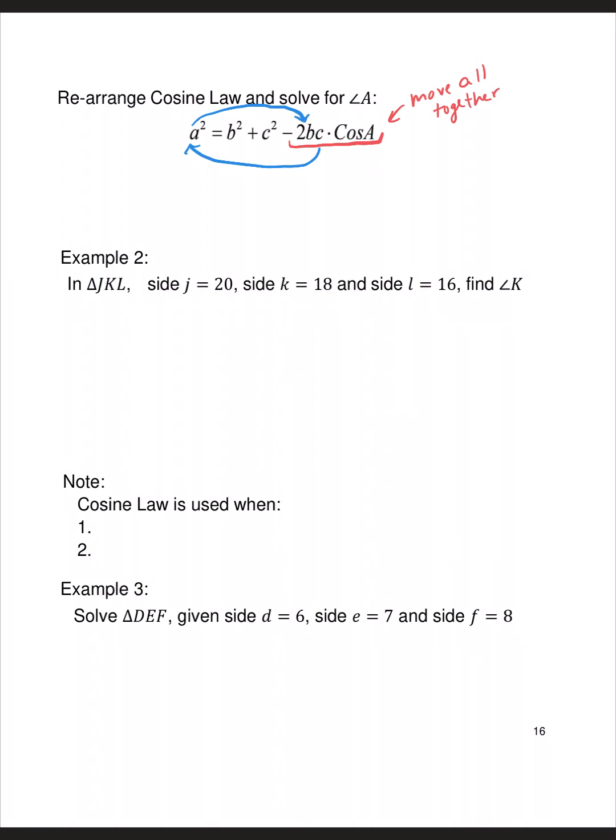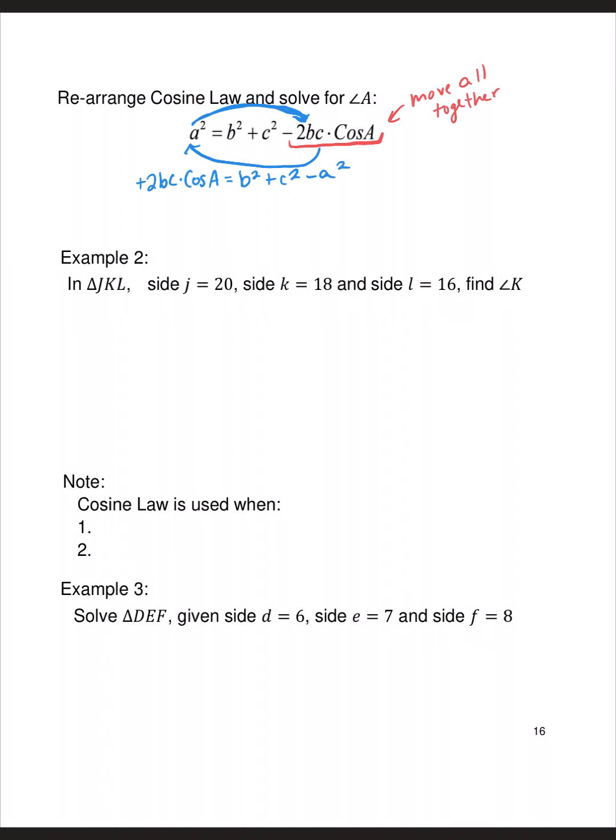Okay, so to move that 2bc over, we're going to add it. So we're going to have a plus 2bc times the cosine of A. That's going to equal b squared plus c squared. And then I'm moving the a squared over, right, by subtracting it, minus a squared.